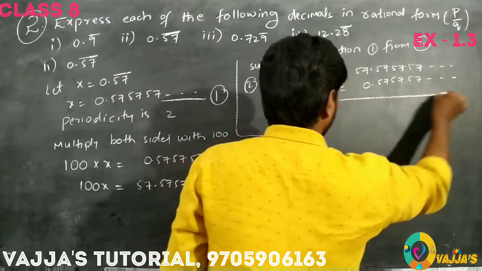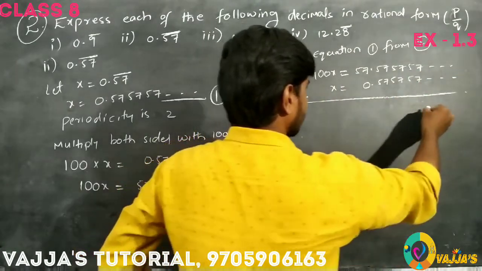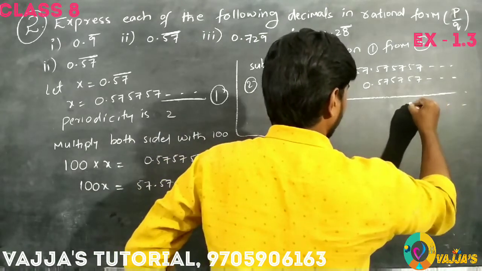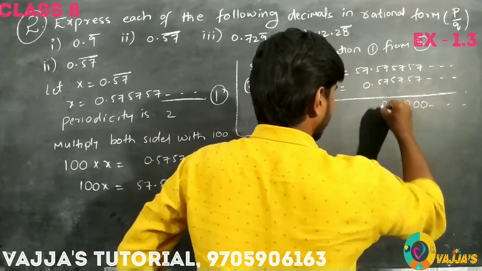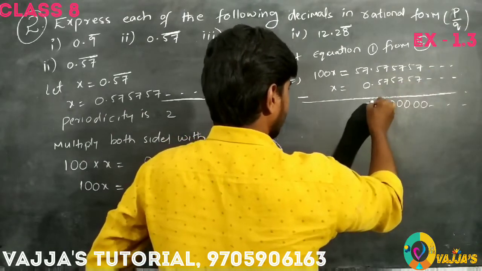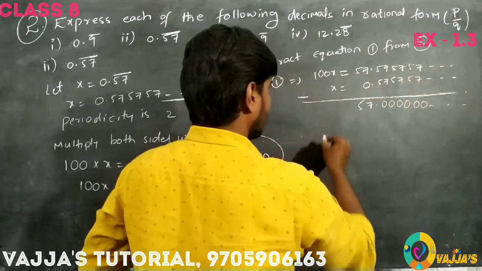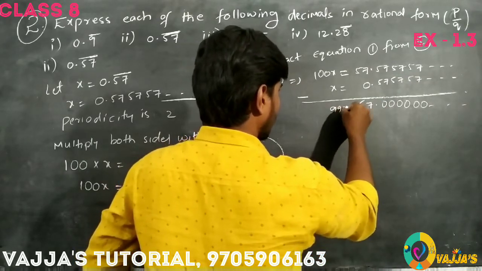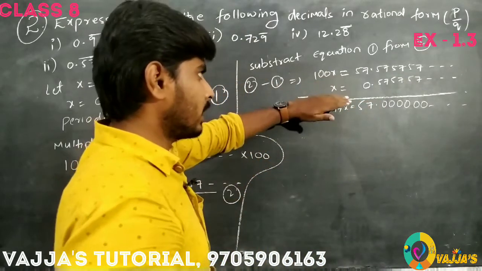Subtracting, all the decimal parts become 0, and 57 is remaining here. This is 99x, so 100x minus x is 99x.